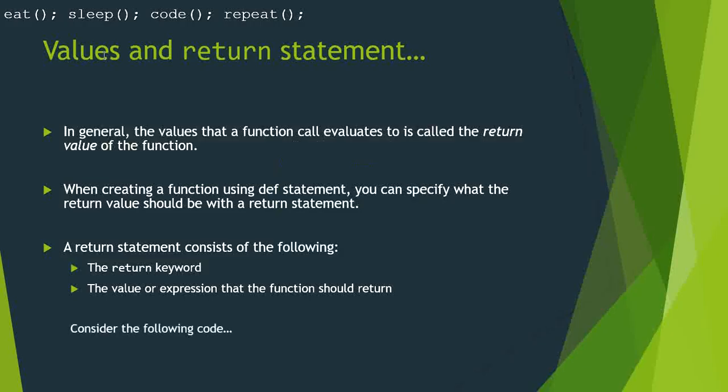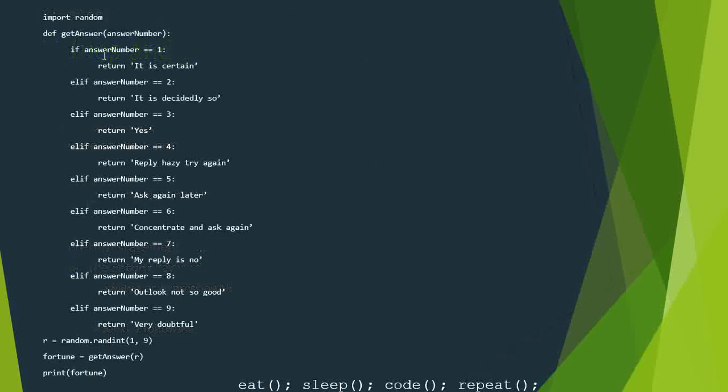Moving forward, now consider this code over here. This very long code, I haven't written it, I just copied it into the slide. What you can see is that you are basically guessing the number. First of all, we have imported random, and I have used a function called randint, which is going to generate a random number from 1 to 9, and we want to check our fortune and get a number. If I say 4, then my fortune will be really hazy, try again.